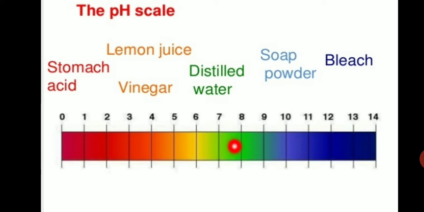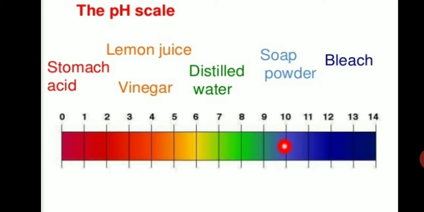Then 7.8, that is egg, which is basic in character. Then toothpaste shows the range 8. Then the basic character increases here. Baking soda is 8.5. Washing soda that we use is 9. Then milk of magnesia. Antacids show pH 10.